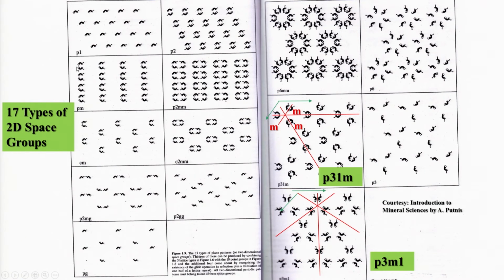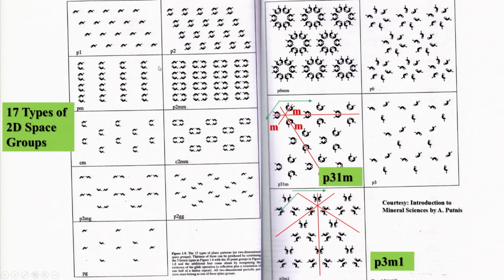This pair will now be translated along the A direction and you can also translate this pair along this direction, and the angle between these two is 90 degree. What you generate here is a P M type of space group that comes under the rectangular plane lattice, because this is a rectangle here.